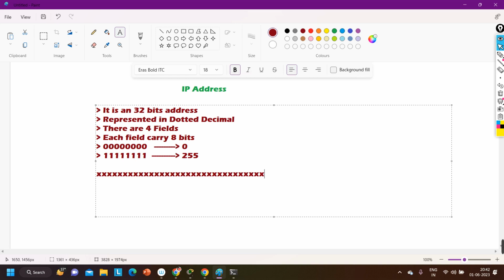Let's say this is my complete IP address in binary. So how many fields do we have? 4 fields. Like this.